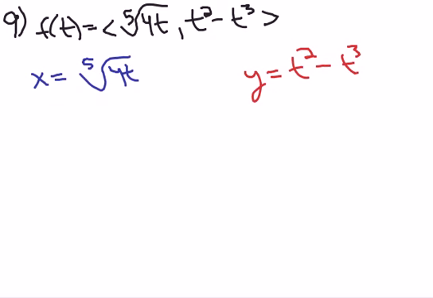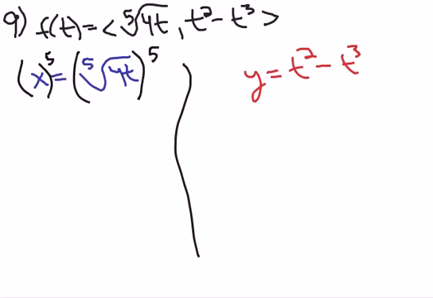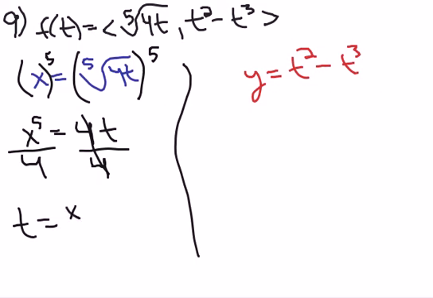So here, let me just separate this. I'm going to solve this equation for t first, right? This is always the process you use for eliminating the parameter. So I'm going to raise both sides to the fifth power to get rid of that fifth root, and then divide by 4. So I have t is equal to x to the fifth over 4, right?